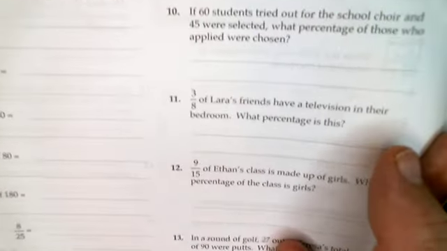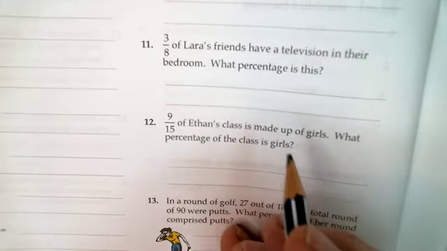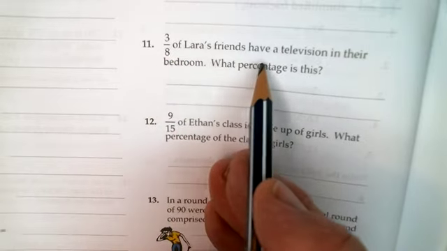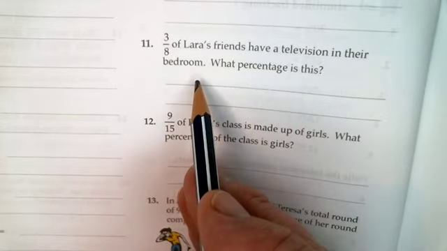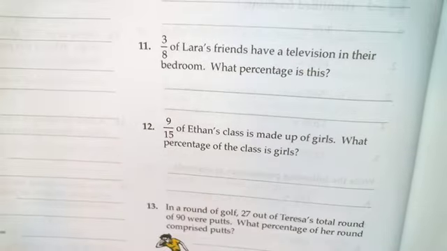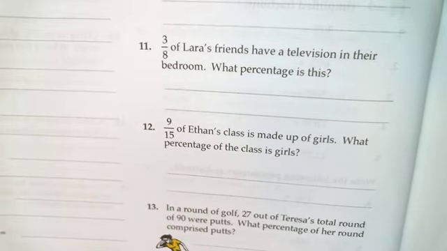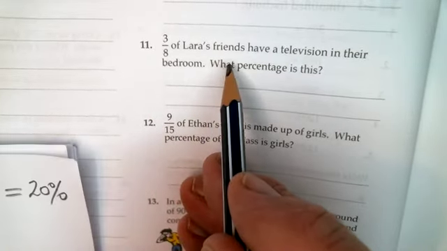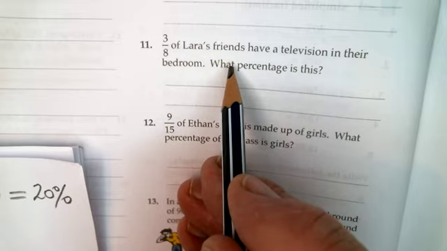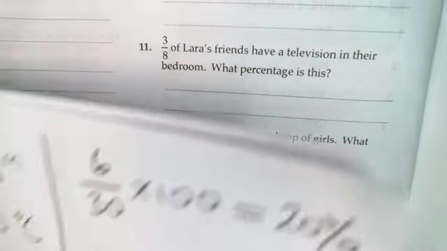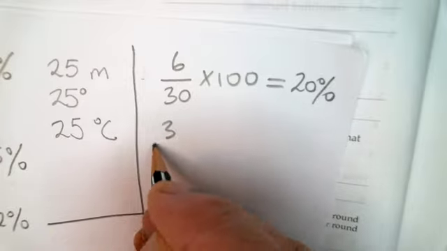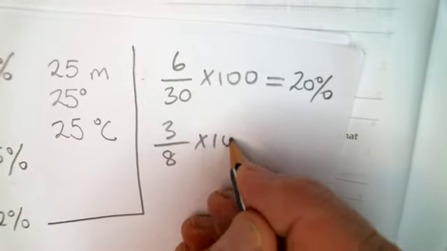All right, let's go down a bit further. 3/8 of Lara's friends have a television in their bedroom. What percentage is this? Television? Who has a television anymore? All right, 3/8 of her friends. So what does that mean? Well, that means 3/8 times 100.